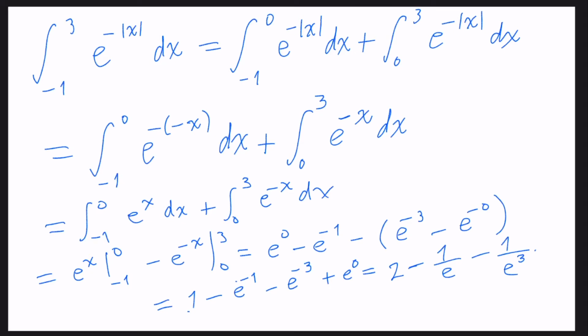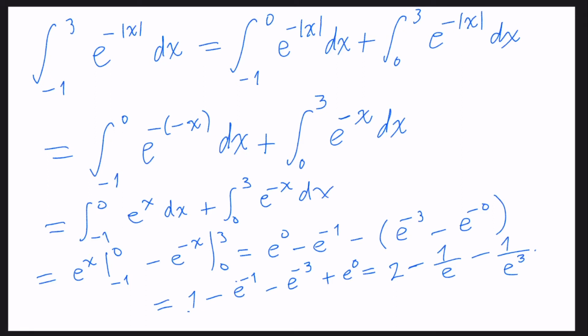As you could see, instead of attacking the function directly and trying to find a function whose derivative is e to the minus absolute value of x, we separated the problem. We used properties of absolute value, and then solved it as a common integral. So it can be done easily.